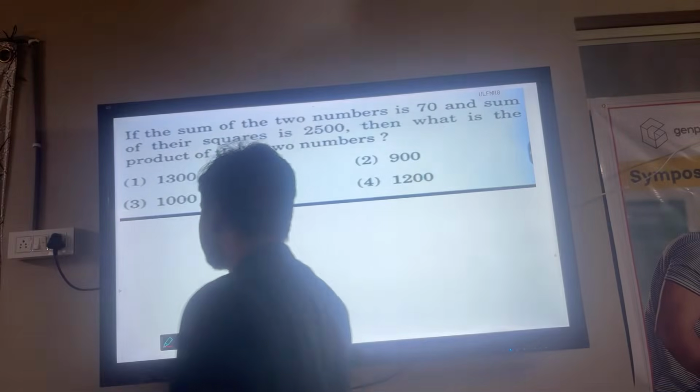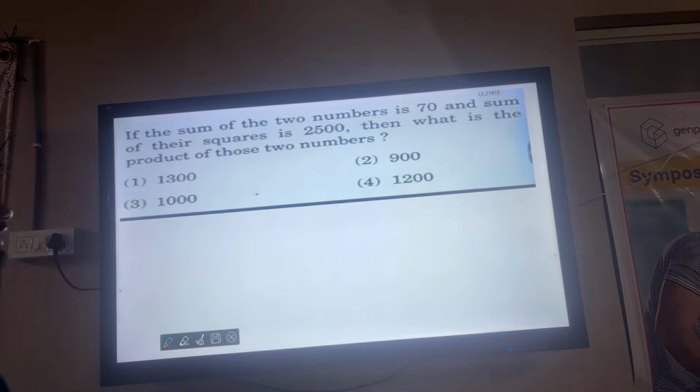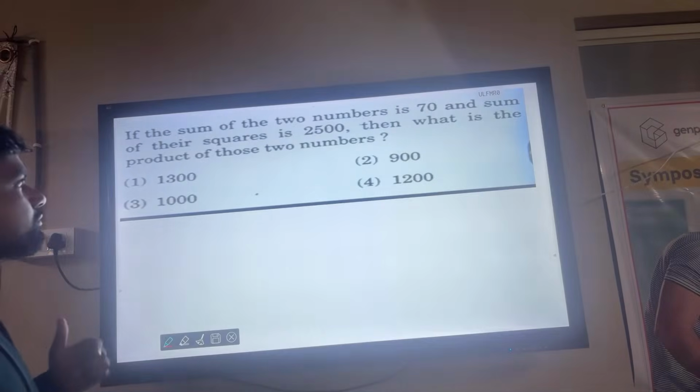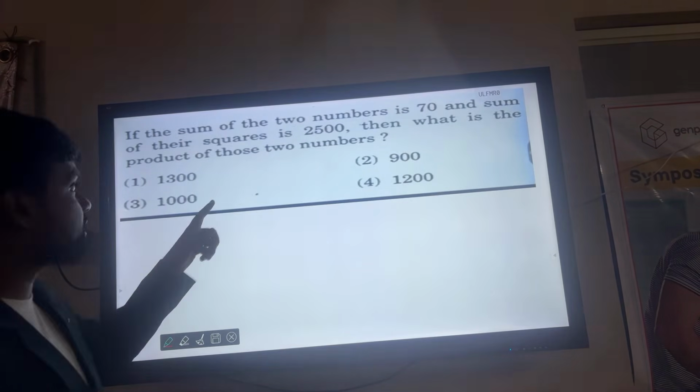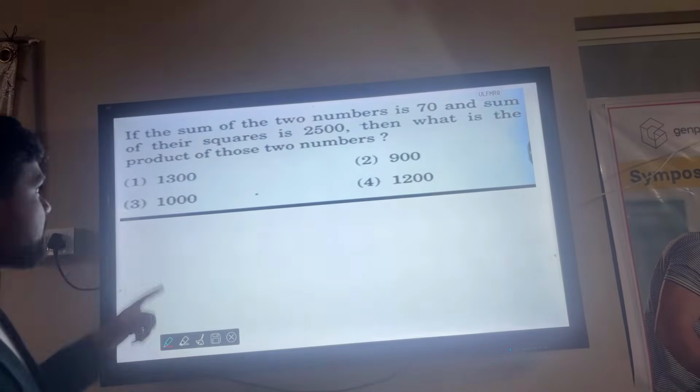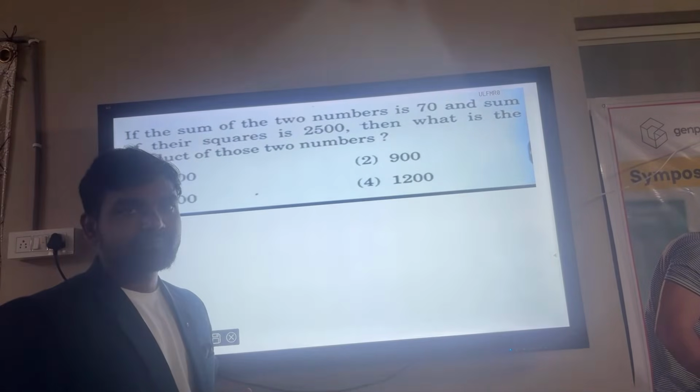Okay. The sum of the two numbers is 70 and the sum of their squares is 2500. Then what is the product of those two numbers?